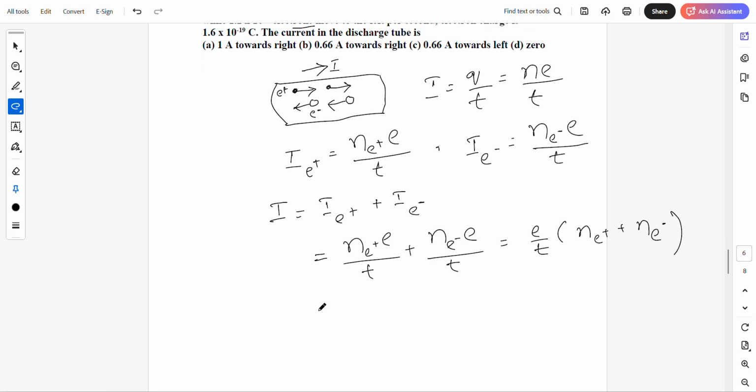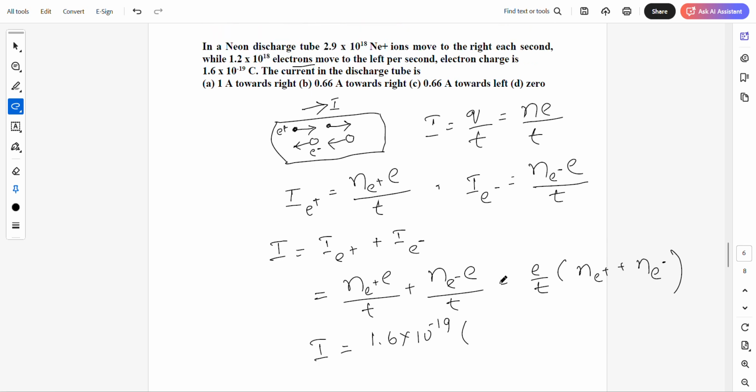Now you can calculate the value of current: I is equal to 1.6 into 10 to the power of minus 19, per second, by 1, and N plus is 2.9 into 10 to the power of 18, and N minus is 1.2 into 10 to the power of 18.